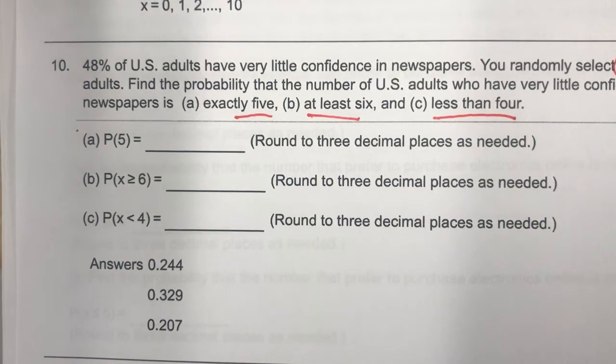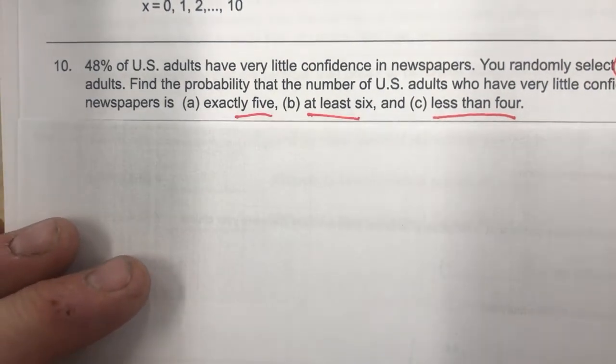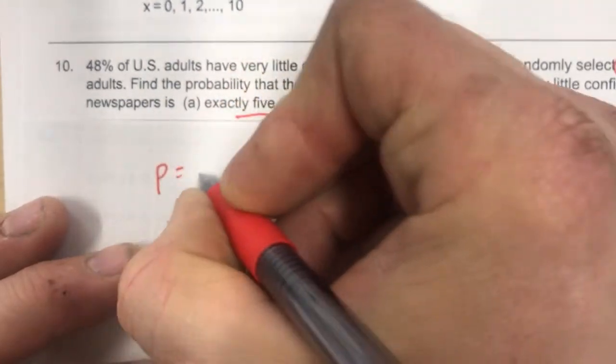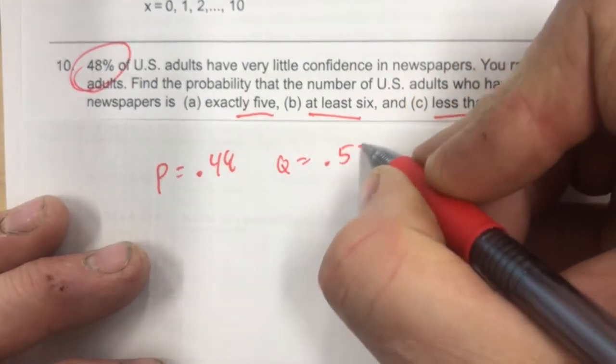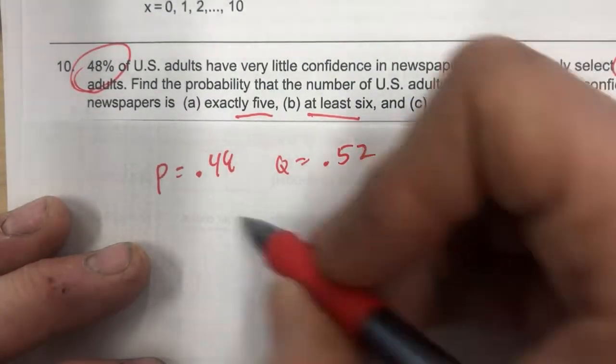Let me get a piece of paper here. In this problem, looks like p is 0.48 right there, which means q is going to be 1 minus that, which is 0.52. Right there n is 10.